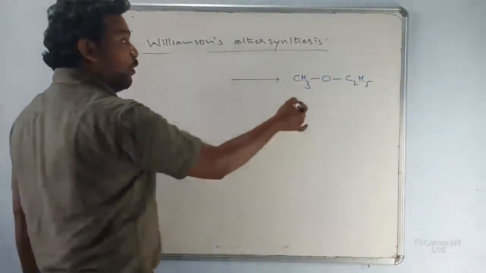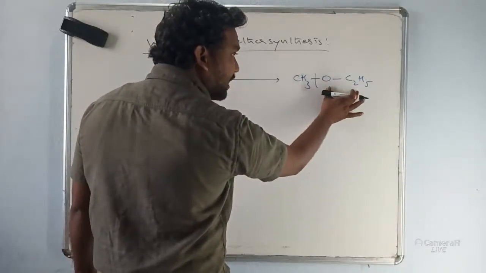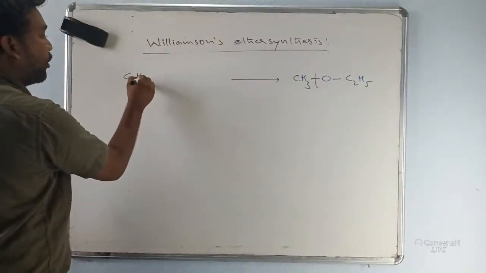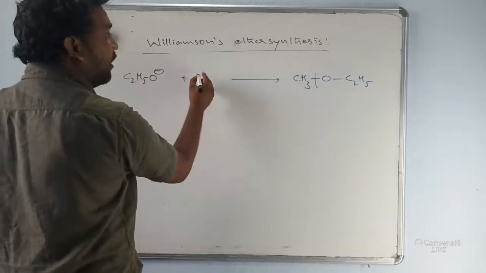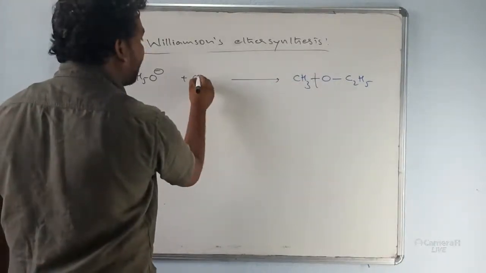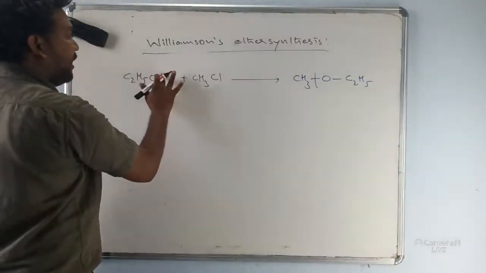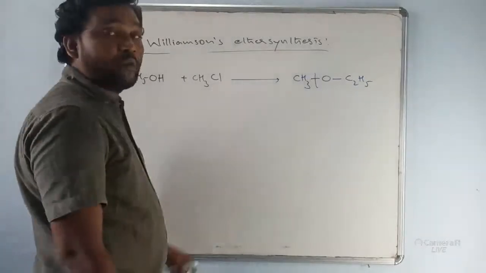We have two ways. You can break the bond here. The oxygen has the ethyl group, so it will come from ethoxide, so you can write this combination: C2H5O minus, ethoxide, and this alkyl group will come from the respective alkyl halide, let me write methyl chloride. Ethoxide comes from ethyl alcohol. To generate the ethoxide, we have to use a strong base.